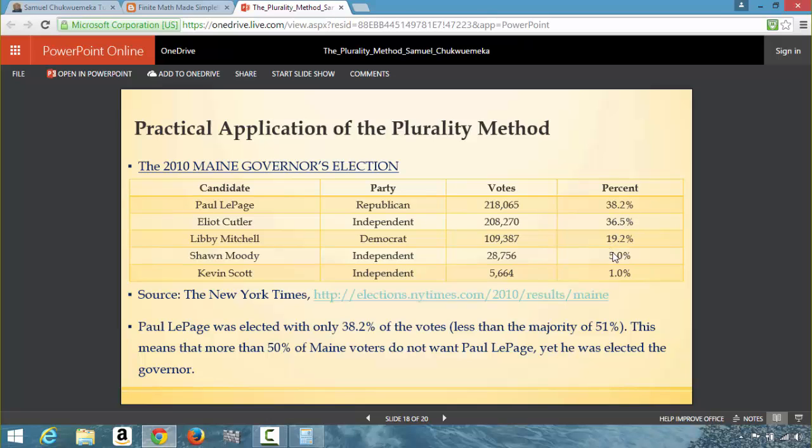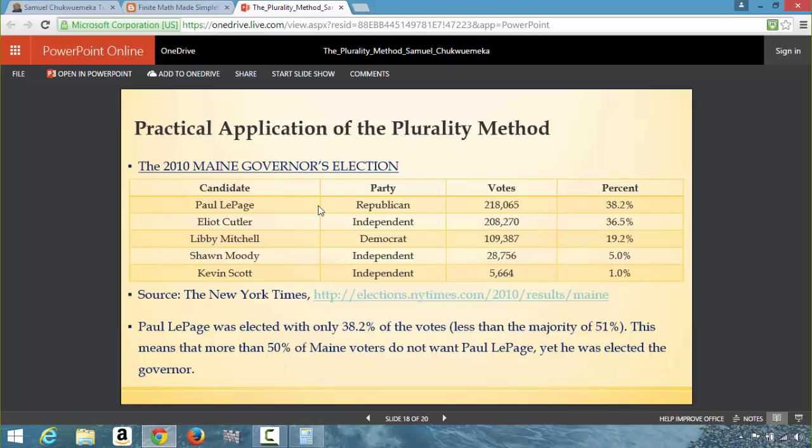Okay, folks, look at it now. 38% of the vote, which means 62% of the citizens of Maine don't want LePage as the governor.